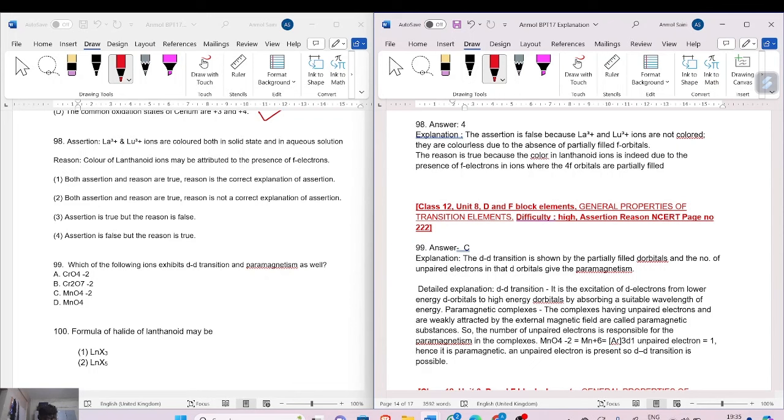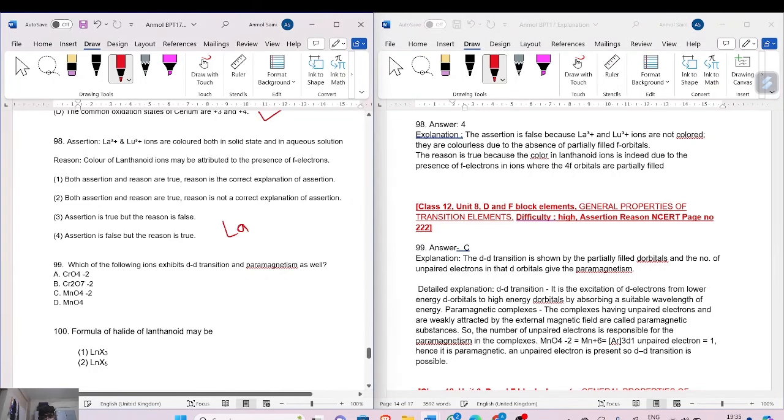Okay. So here in the assertion we can say lanthanum 3+ and Lu 3+ are not colored in solid and aqueous state because they don't have a partially filled f orbital in the ground state.